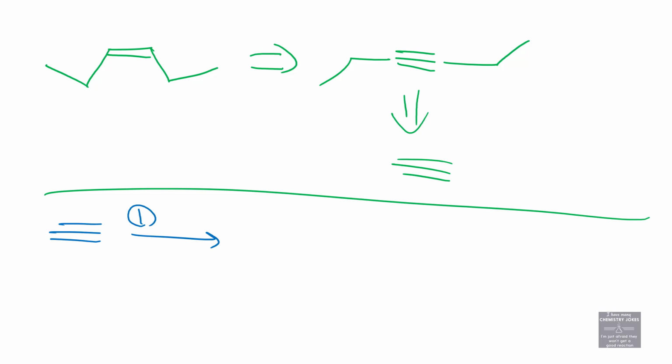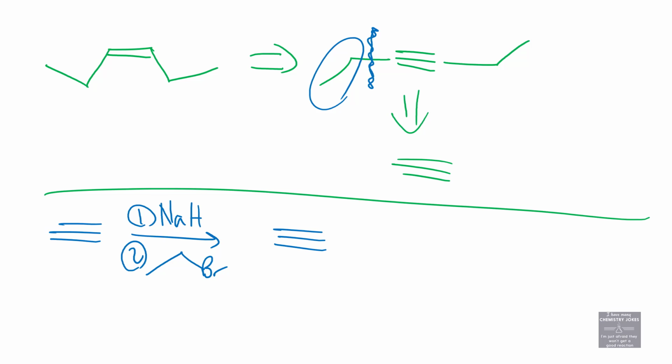I need to pluck a hydrogen off of my terminal alkyne, and I need to make sure that I choose a base capable of doing that. I need to add and make one of the bonds of my alkyne to the single bonded thing. So on this side, I've got 2 carbons, and I need to have a leaving group. 2 carbons with a leaving group, I get one side connected.